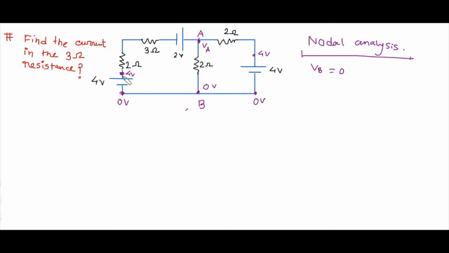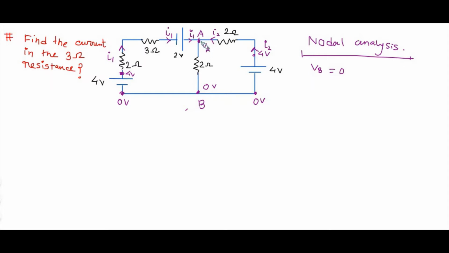Now as this is a higher potential, the current will flow along these directions. Let's consider this is the I1 current, and for this 4 volt battery, it is the I2 current. So through this 2 ohm resistance also the I2 current is passing. Through this 3 ohm resistance, the I1 current is passing, and the same I1 current passes through here towards the node A.